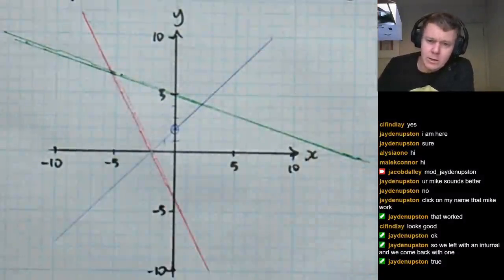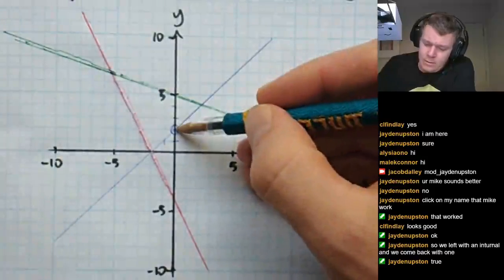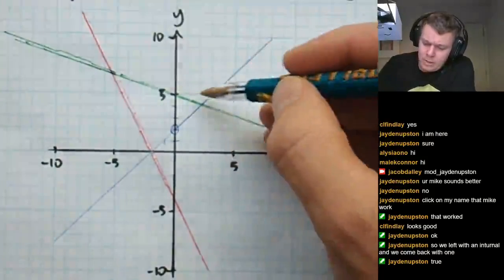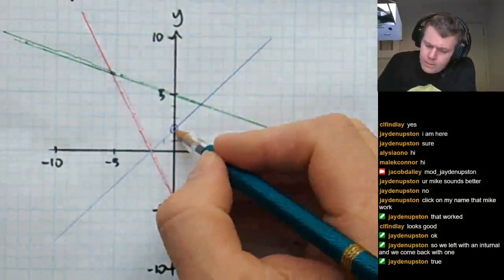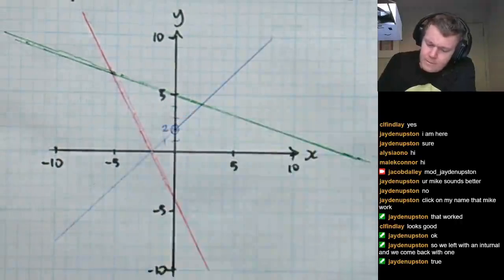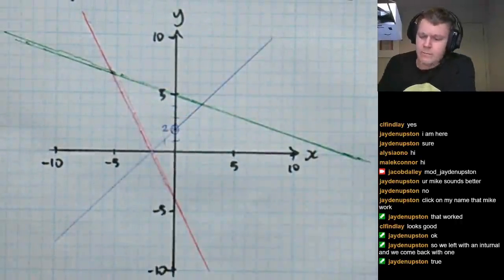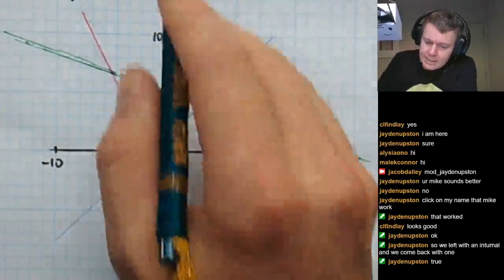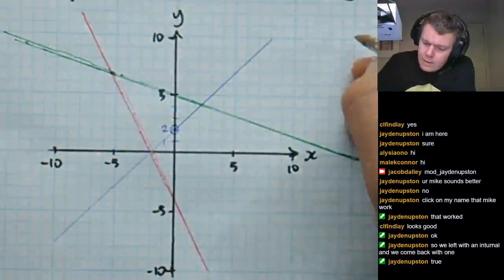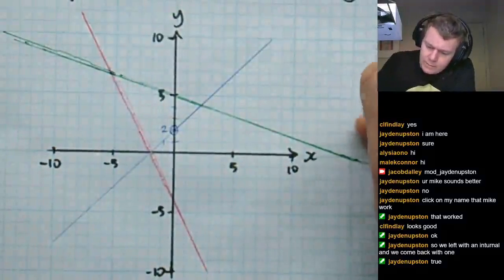It looks a lot tidier. I'll just write the 2 there this time. So 2 in this case is going to be our c.